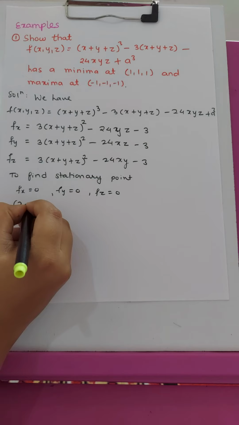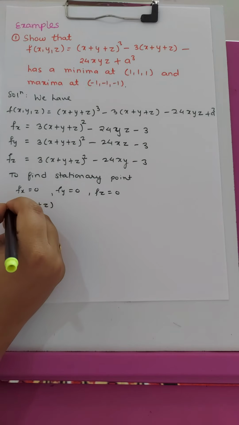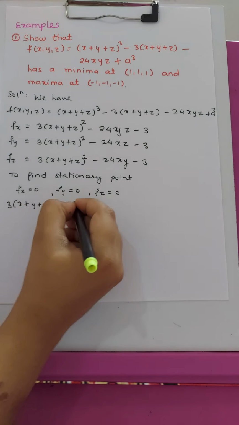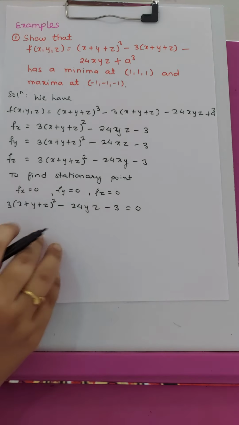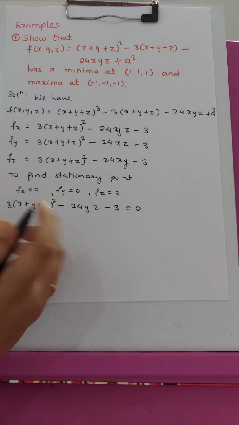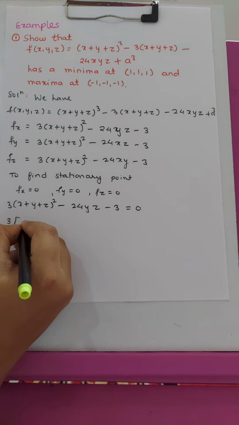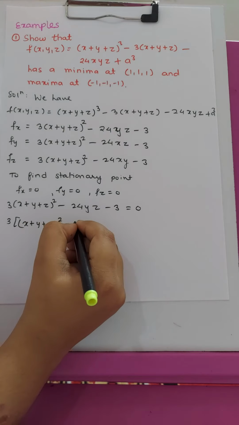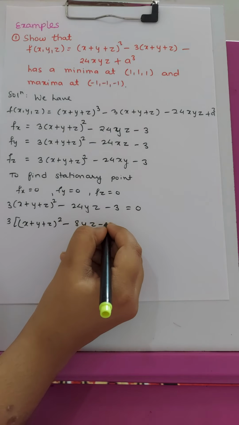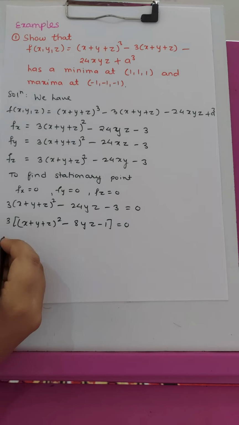So we get 3 times x plus y plus z whole square minus 24yz minus 3 equals 0. We can take 3 common. So 3 times x plus y plus z whole square minus 8yz minus 1 equals 0.